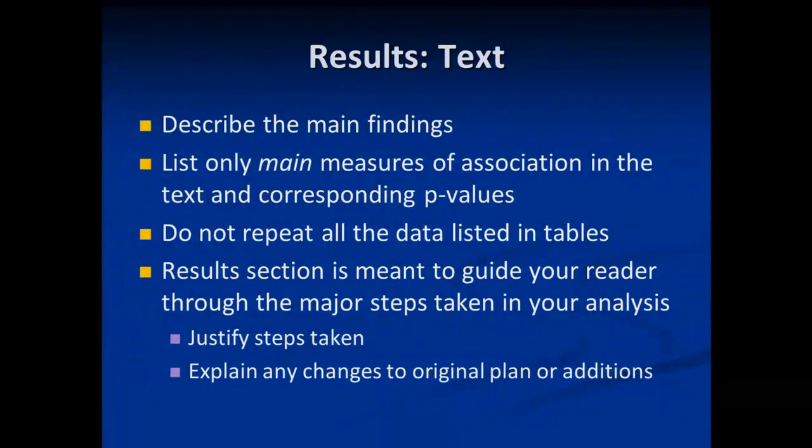You have to provide it, but you want it to be a summary. In many cases, you do want to list the numbers for, let's say, your main hazard ratios. You're going to put those numbers in your text, but you're not going to put in the numbers for all your covariates. You're going to give your main findings, so it'll probably be the hazard ratio and the confidence interval.